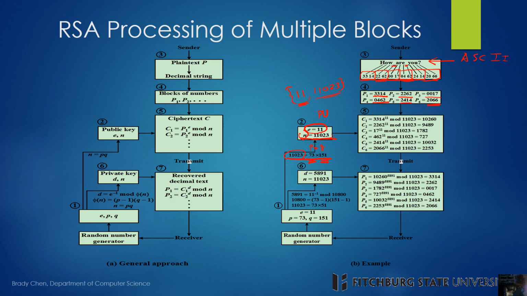The second number, n, is known to both sender and receiver. And then what is D? We calculate D as this: 5891110023. That's the private key.